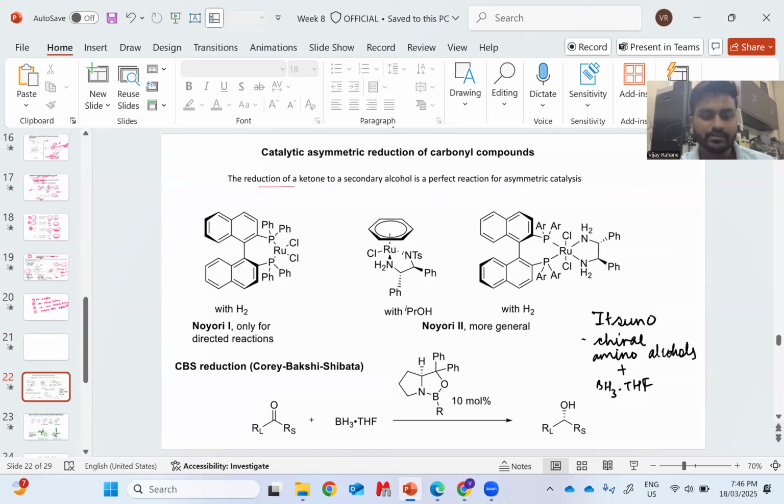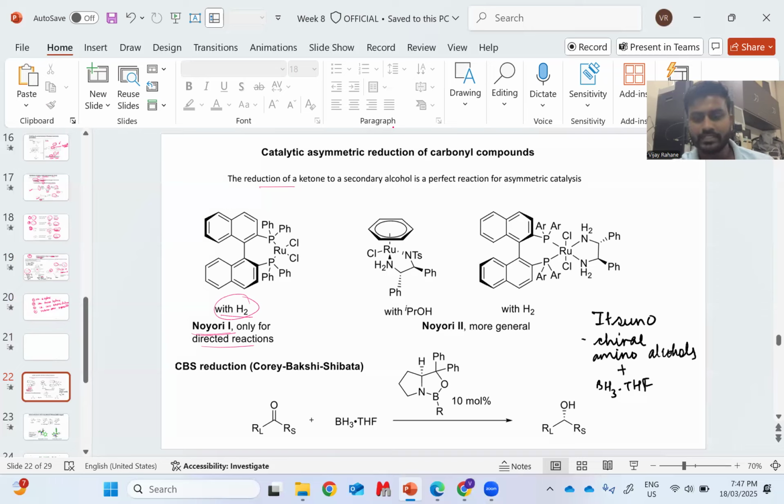This is the first catalyst, developed by Noyori, for directed reactions with H2. H2 gas is needed for the reduction. This is the ruthenium based catalyst, ruthenium BINAP catalyst, used for the reduction of ketones in an asymmetric fashion.